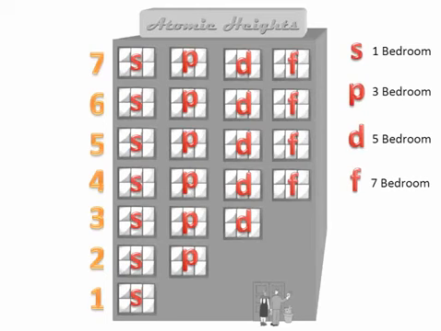If you're on the 7th floor, that's gorgeous. The rent for the 7th floor S apartment is probably going to be way higher than the rent for the S-type apartment on level 2, right? But here's the other thing. Of course, when you have more bedrooms, it's going to cost more. So there comes a point where it actually costs less to get the better view than it does to get more rooms in your apartment.